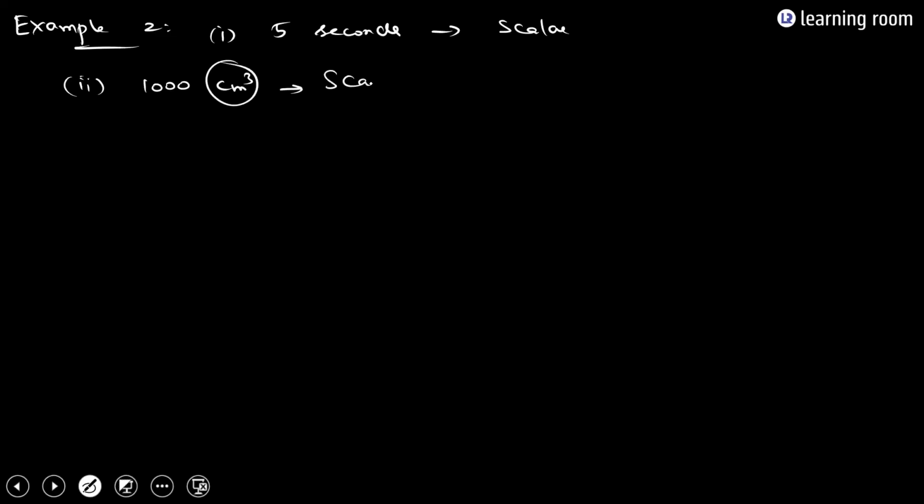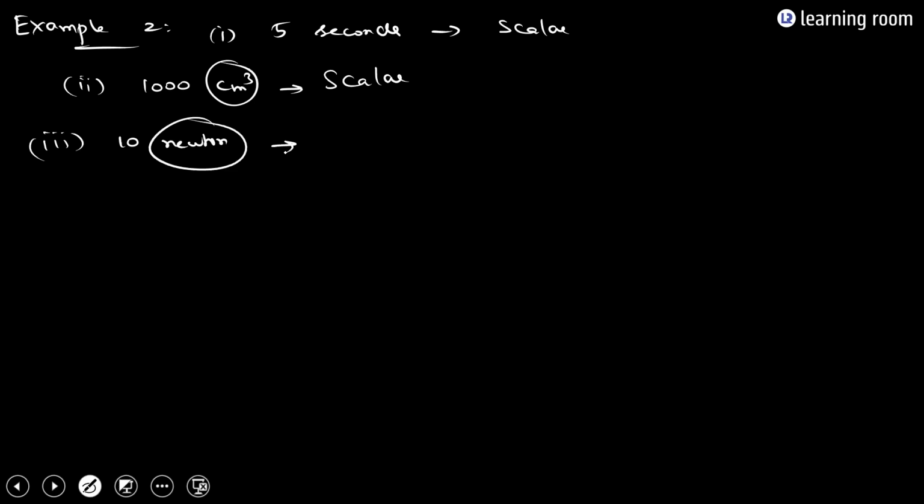Example number 2. Classify the following measures as scalars and vectors. First one, 5 seconds is obviously scalar. Second, 1000 centimeter cube. Centimeter cube is a measure of volume. So volume is again scalar. Third, 10 Newton.